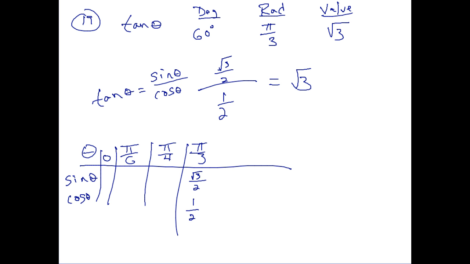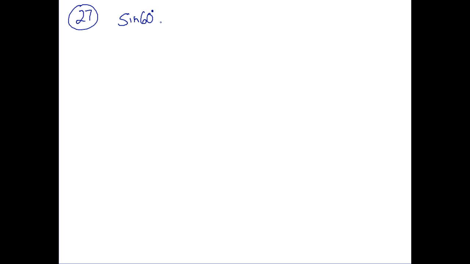All right, but let's take a look at another one here. Let's take a look at the next section, number 27. In number 27, we're given two pieces. We're given that sine of 60 degrees is equal to radical 3 over 2, which is true, and cosine of 60 degrees is 1/2, which we just did in the last problem. 60 degrees is pi over 3.